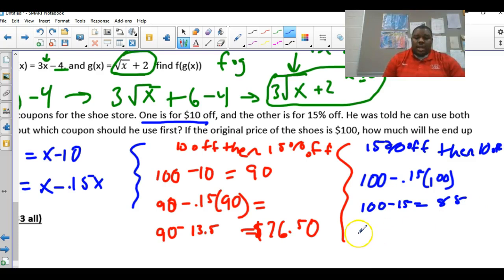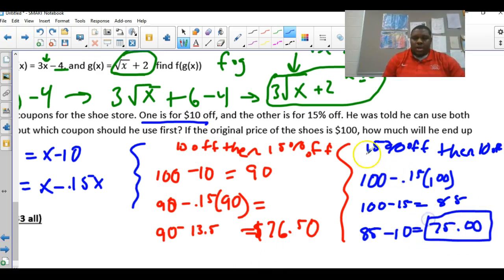And then if we take off the $10, that gives us $75 even. So this would be the way to go: 15% off, then $10 off.